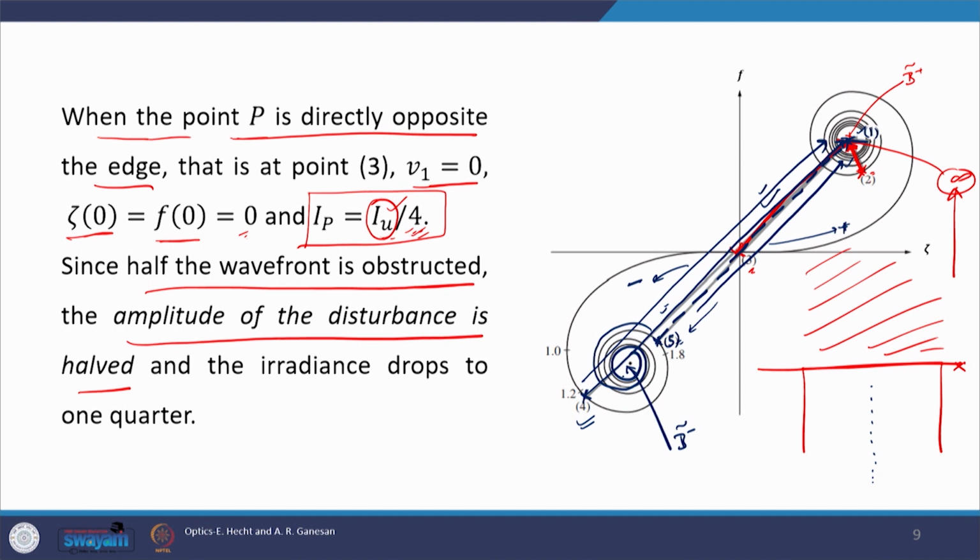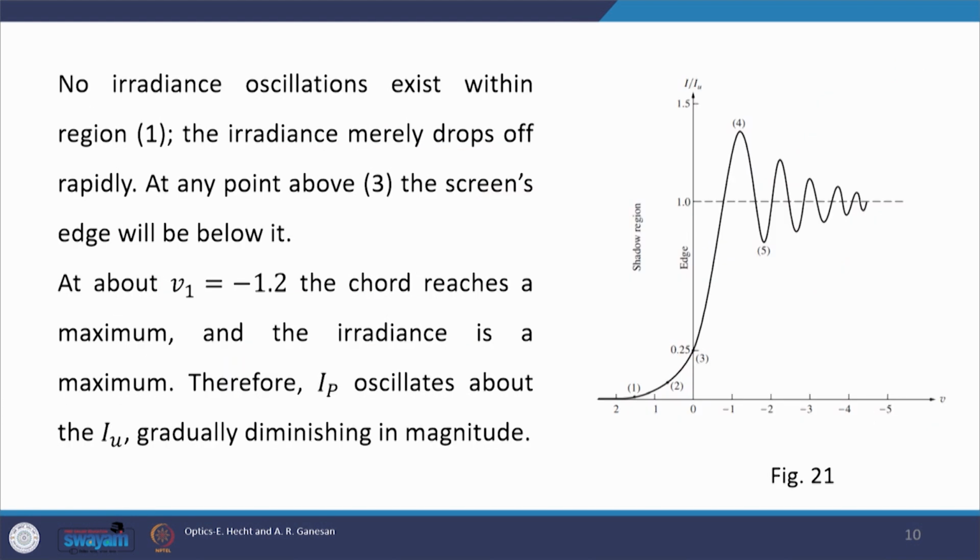While winding around this point, the phasor will go through several maxima or minima, several extrema. Therefore, in the upward direction the fringes will show several maxima and minima, while in the lower direction it will decay smoothly, which is plotted here in this figure number 21.